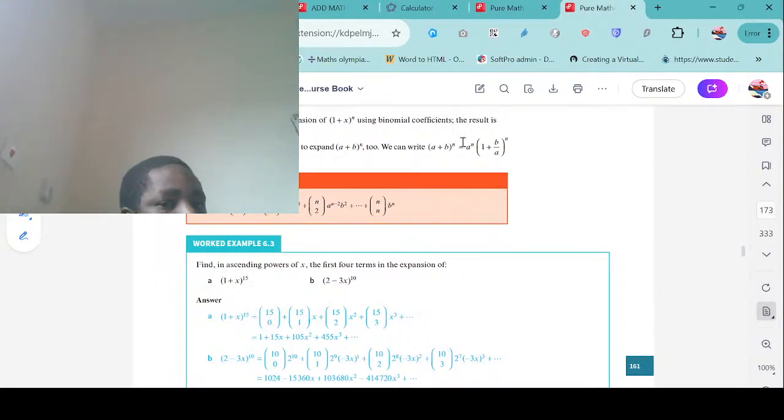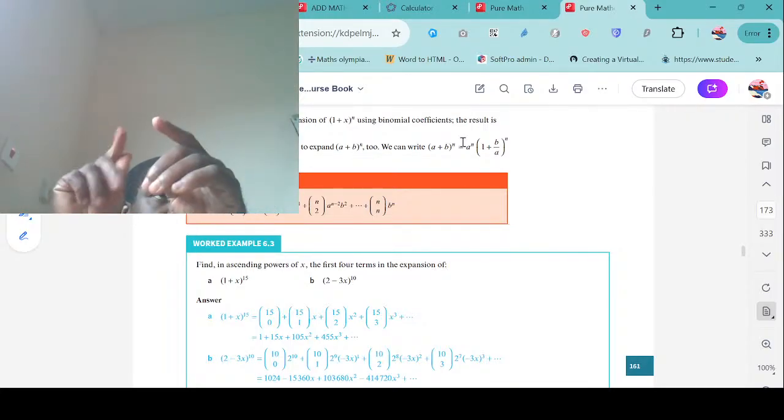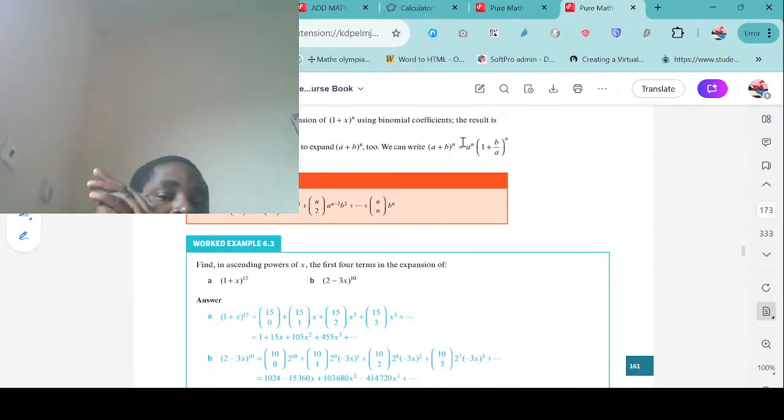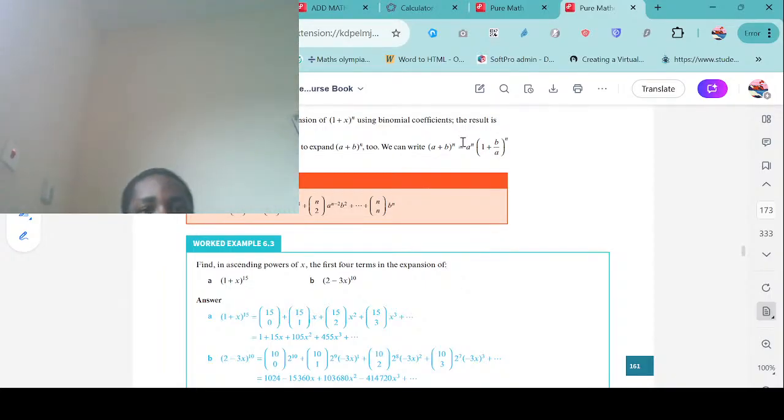So the information is 1 plus x raised to the power of 15, and you're looking for the first four terms in ascending powers of x.